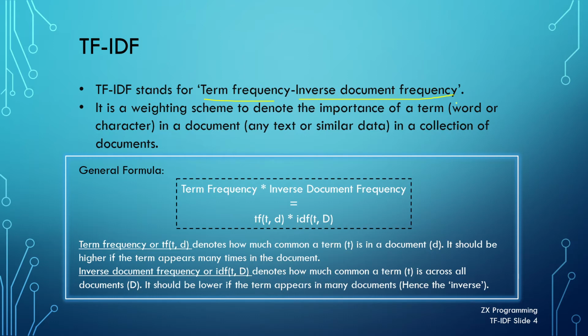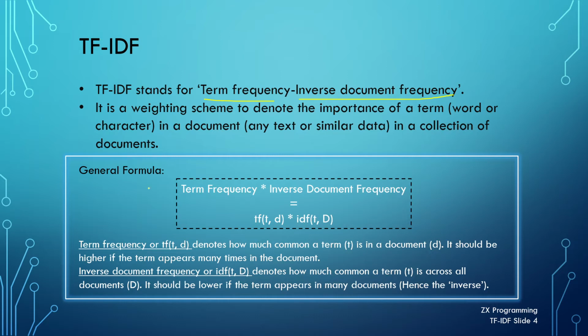Inverse document frequency denotes the inverse of frequency of a particular term across all the text data. For example, if we have 10 text strings and we are looking for the significance of a word, inverse document frequency will tell the inverse of how common that word is across all those 10 text data.